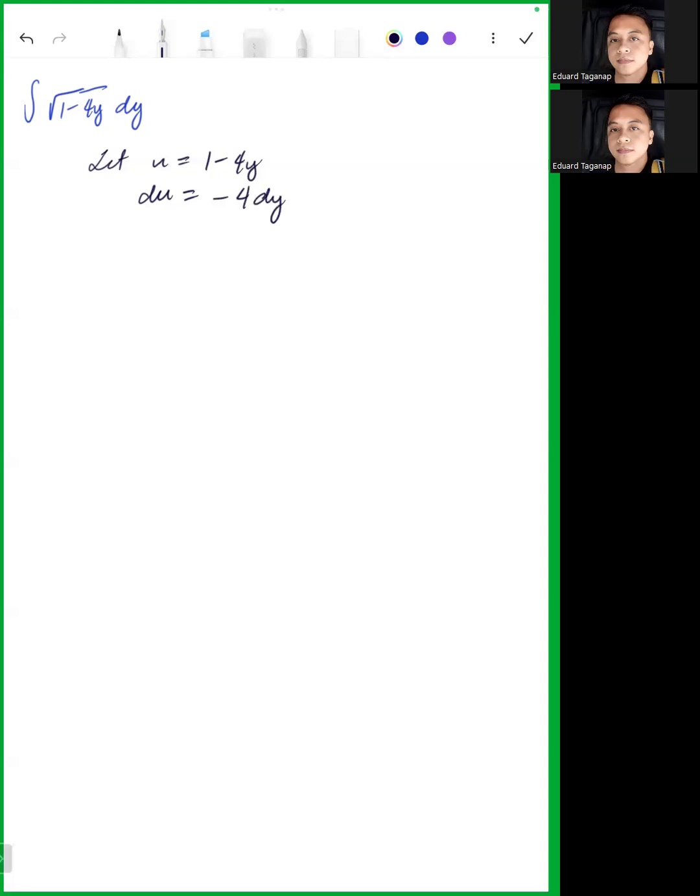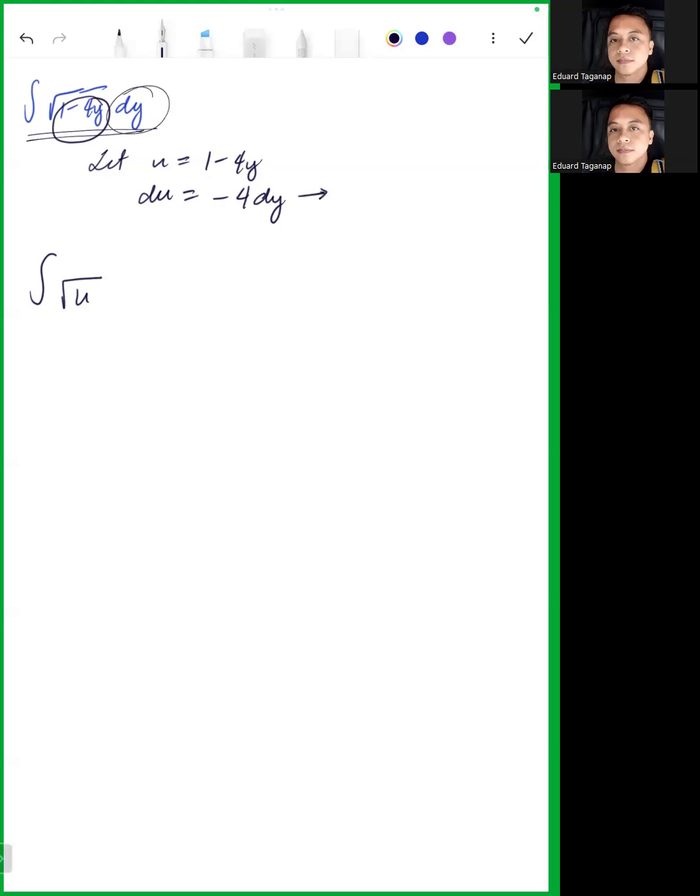So our goal now is to rewrite the whole given integral in terms of the new variable u. 1 minus 4y becomes u. We have the square root, and now the question is, what is dy?